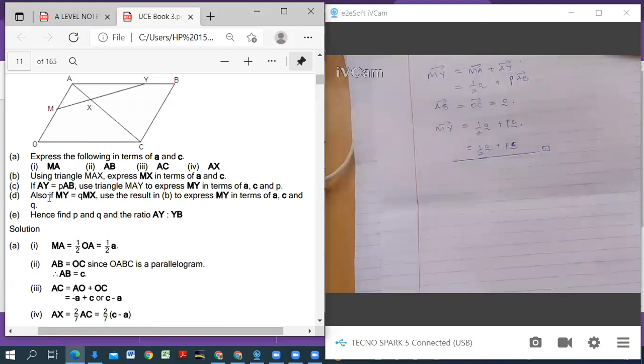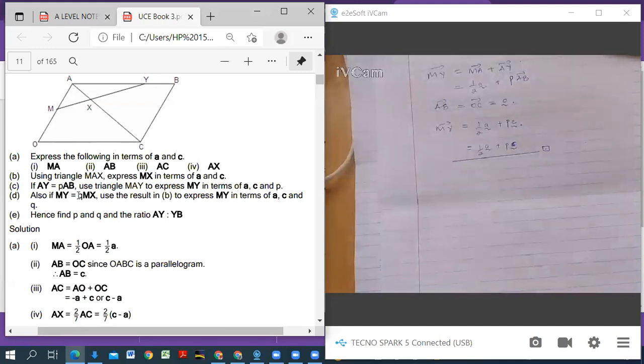So even in part D, they're telling you that if MY is equal to QMX, use your result in B to express MY in terms of A, C, and Q. So this time, they're saying that MY is equal to QMX.